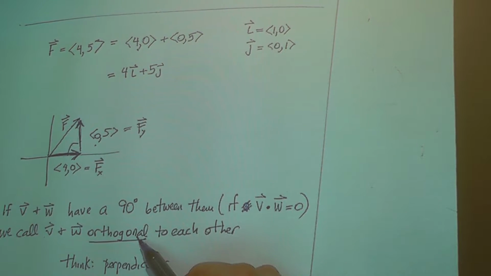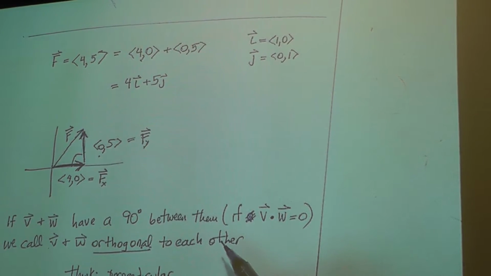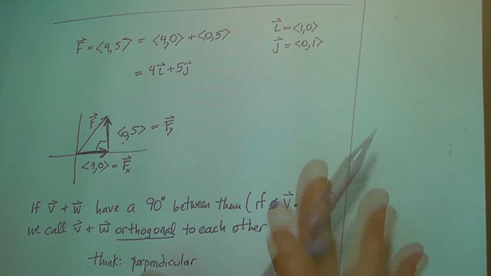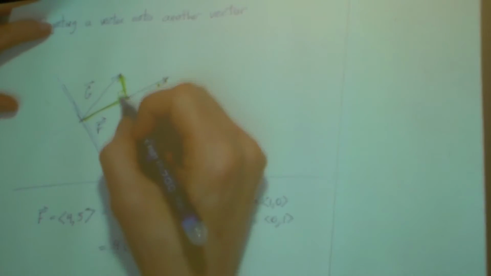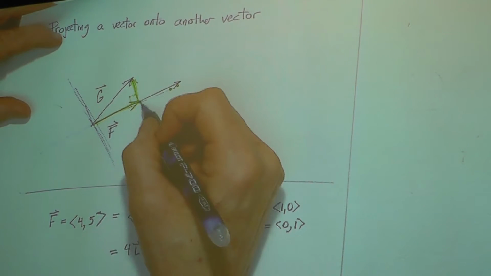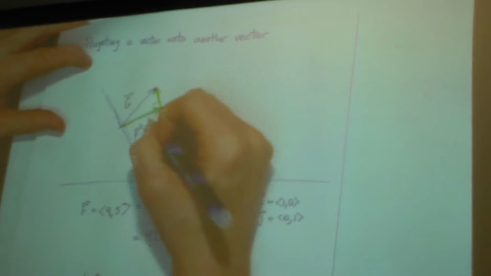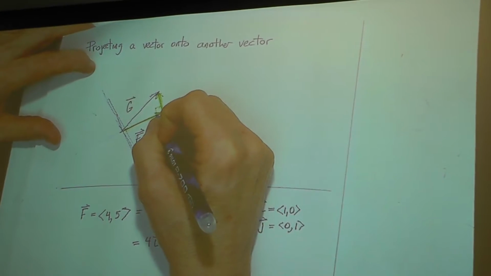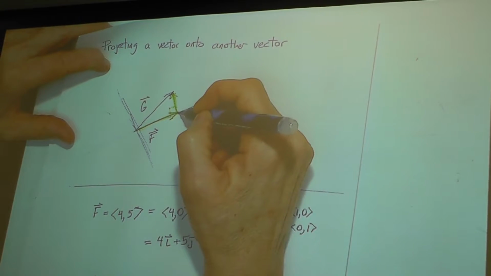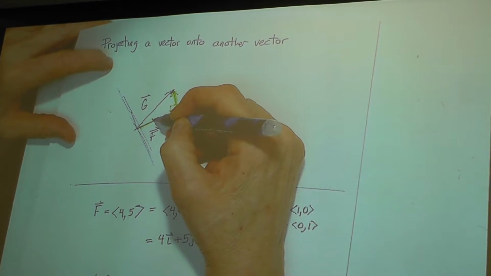You'll see that used again in your linear algebra if you haven't already taken it. Okay? So, what I want to do is to take a vector G and write it as a sum of a vector which is a multiple of my vector F plus something orthogonal to F. I want this picture. Okay?